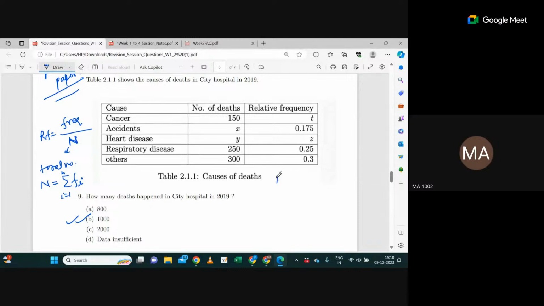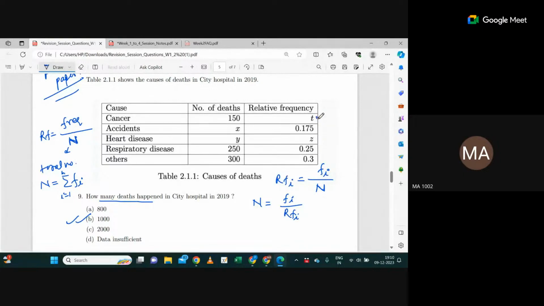As I told you, relative frequency for any ith row is frequency of that row divided by the total number of observations. Now we have to find the total number of deaths, meaning the total number of observations. So it will be frequency divided by RF of i.